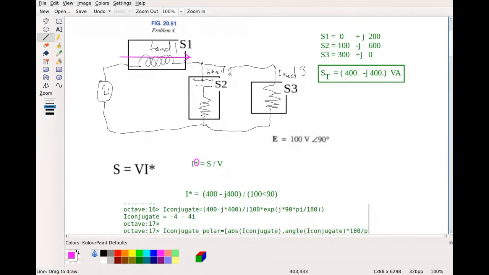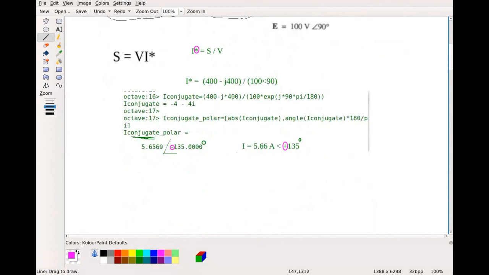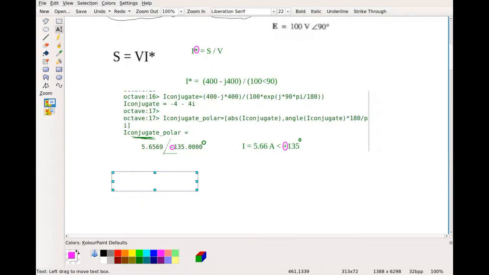So the current through load 1 is that current that we just calculated. And so therefore, we can calculate the reactance of load 1. Load 1 has an inductive reactance.